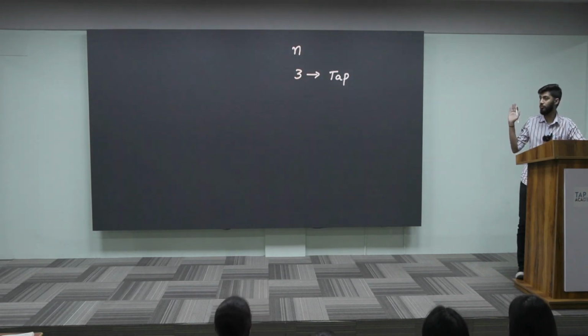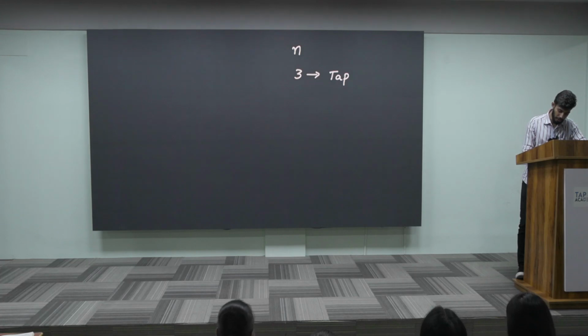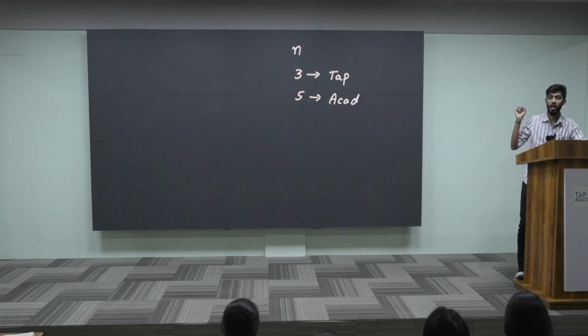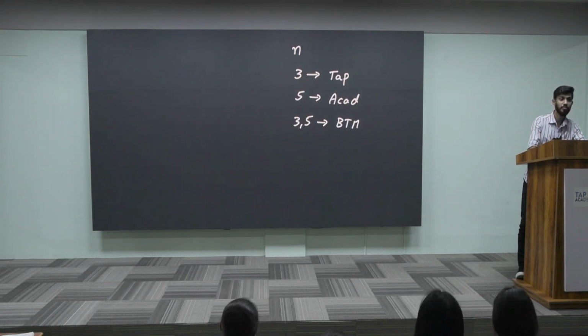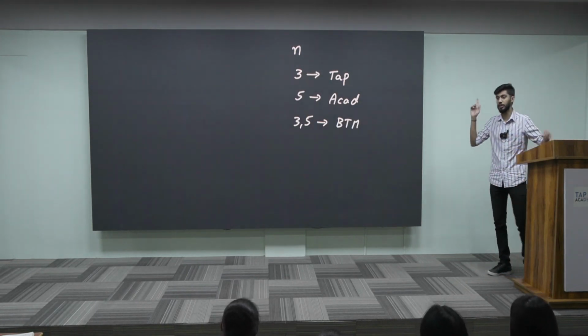Is that clear to you? In case it is not a multiple of 3 and it is a multiple of 5, you need to print ACAD. And in case it is a multiple of both 3 as well as 5, what should you print? BTM. This is the expected outcome.